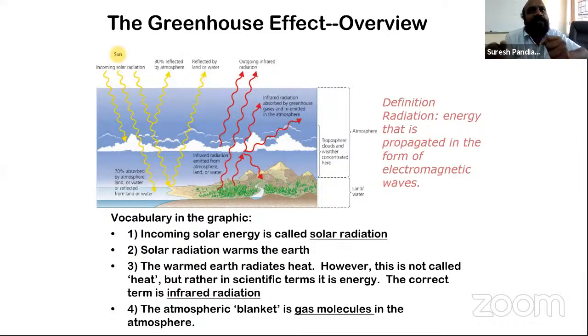Because of the vibrational stretching of the molecule, that we talk about in terms of charges, right? If you look at the major gases of our atmosphere, oxygen and nitrogen, they are diatomic, right? So by simple stretching, the dipole moment cannot be changed. Whereas carbon dioxide, methane, ozone, H2O are typically triatomic, right?